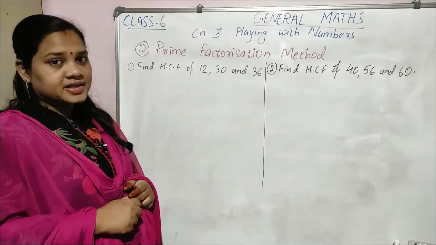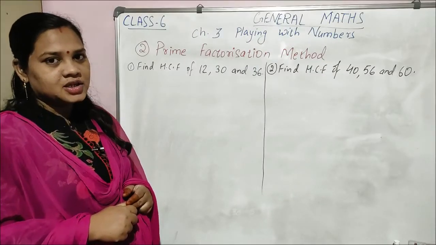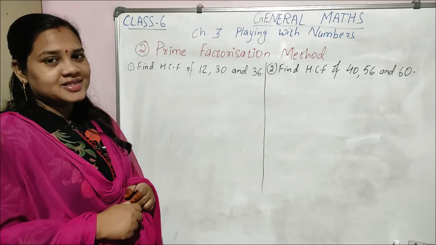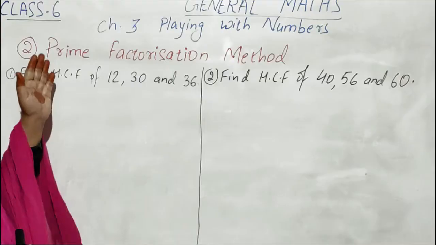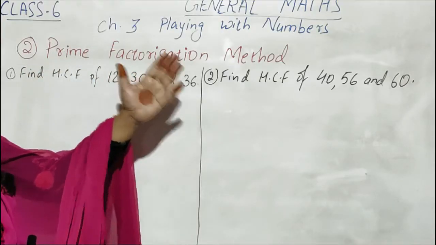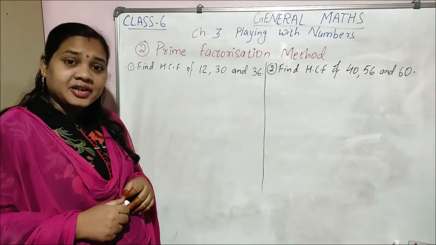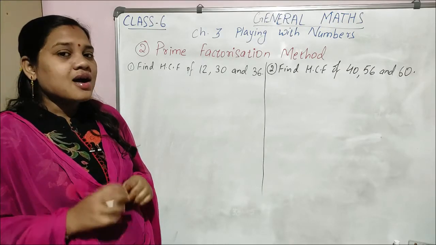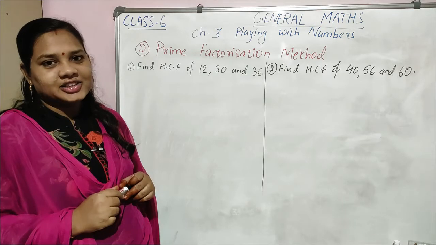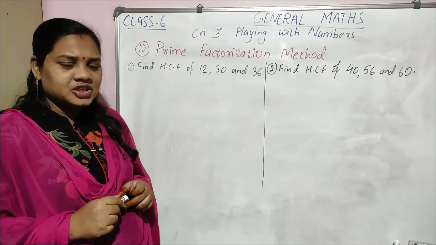So children, next we will go for the second method. What is the second method to find HCF? Second method is prime factorization method. Children, in the previous class only we discussed how to find prime factorization of a number. You remember now, children?